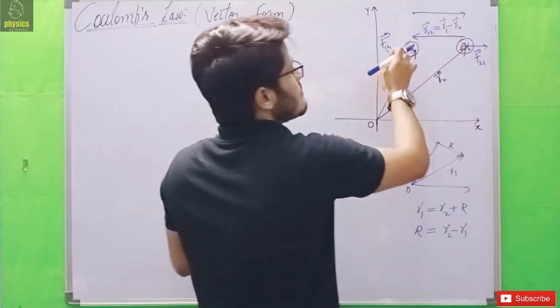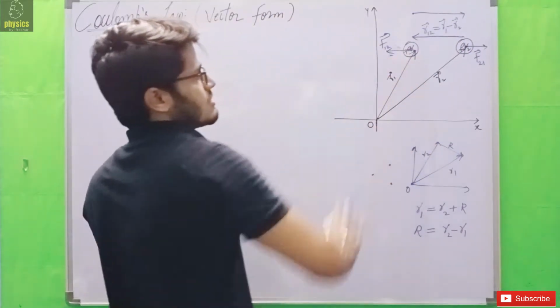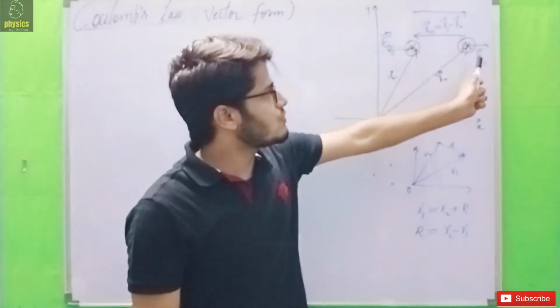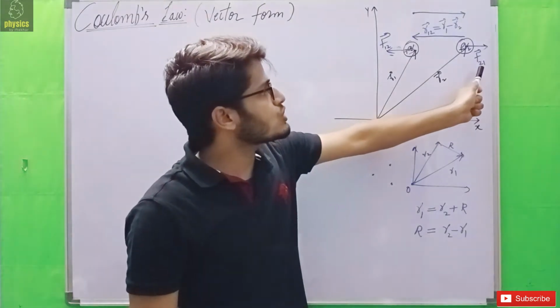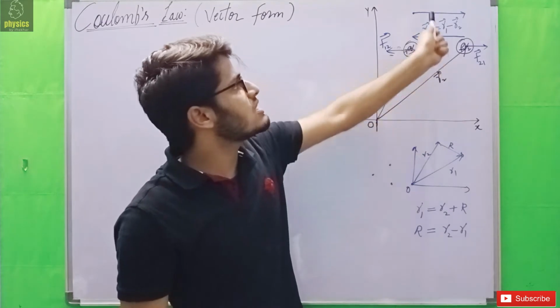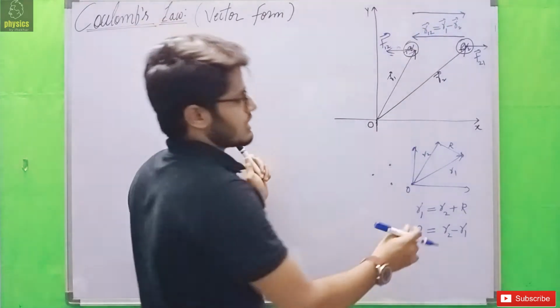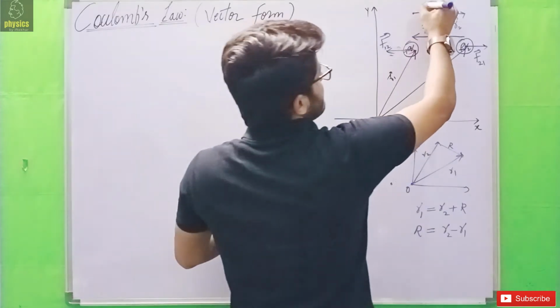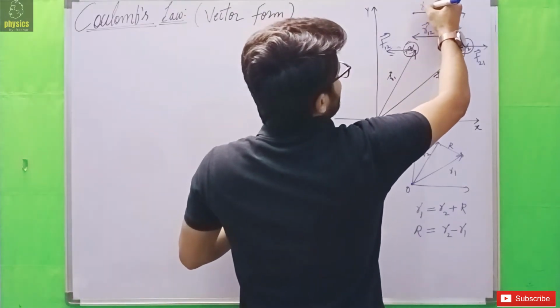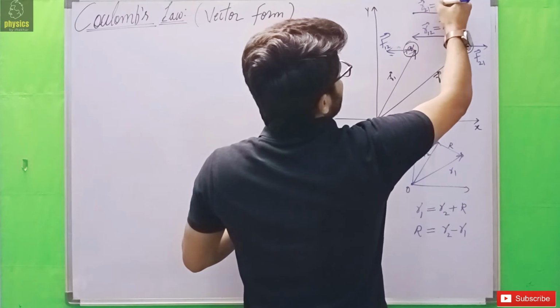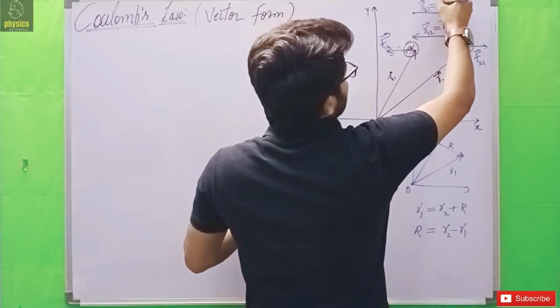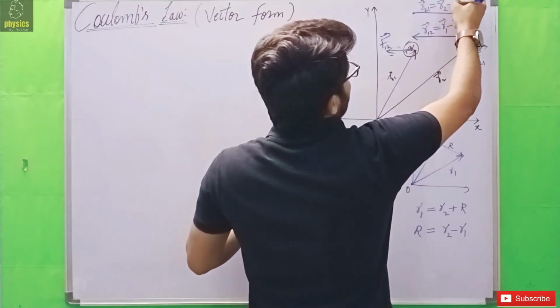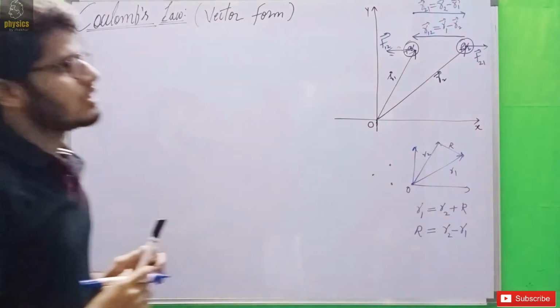Now to write the expression of the force on 2 due to 1, we will be using this vector. So the value of this vector with this formula is R21, R2 minus R1. Getting my point?